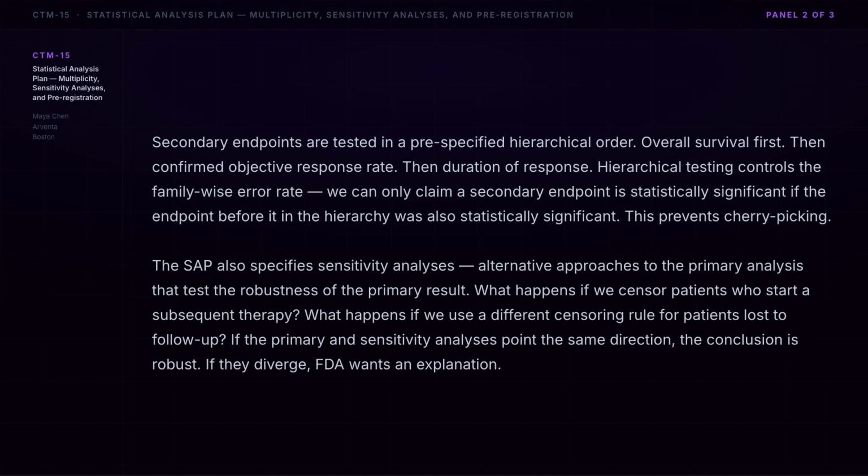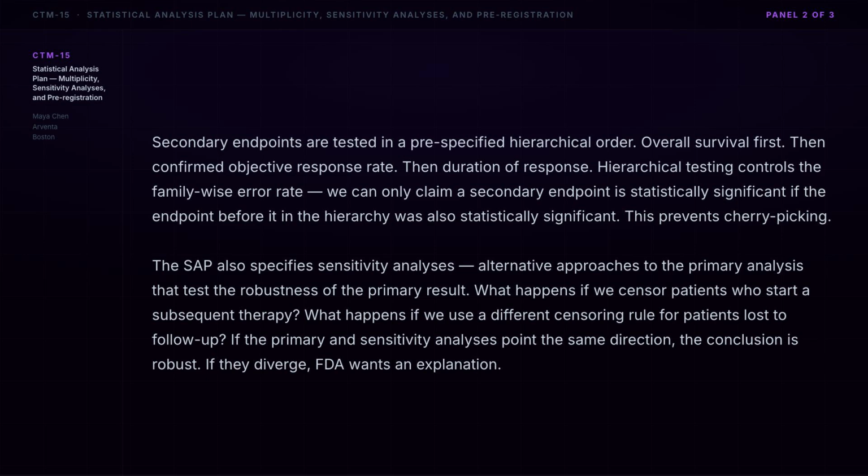Secondary endpoints are tested in a pre-specified hierarchical order. Overall survival first, then confirmed objective response rate, then duration of response. Hierarchical testing controls the family-wise error rate. We can only claim a secondary endpoint is statistically significant if the endpoint before it in the hierarchy was also statistically significant. This prevents cherry picking.